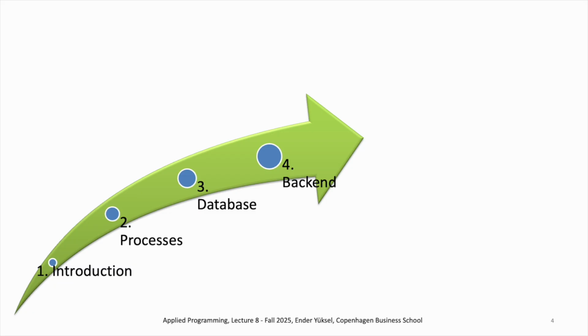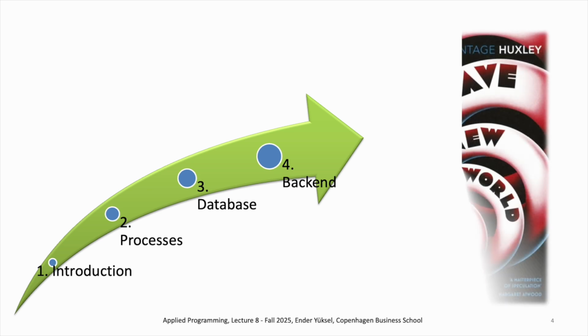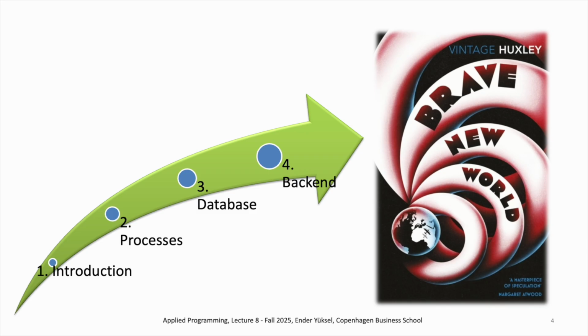In the fourth lecture, we learned about the backend and we implemented a web API. And then came the brave new world, which is front-end and full-stack and end-to-end application. So since lecture 5, we have been working on that.